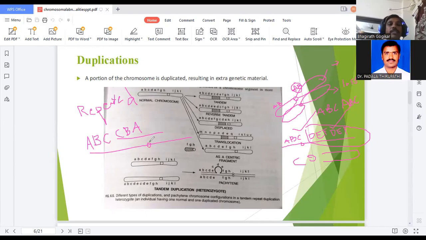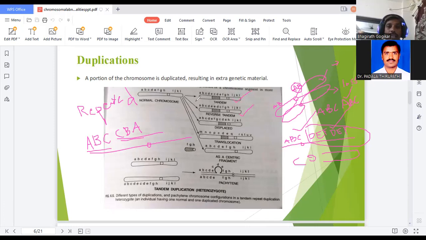In tandem duplication the block of genes is in similar order, but in reverse tandem the repeated block of genes is in reverse order. Here ABC is there, but the reverse order is CBA.